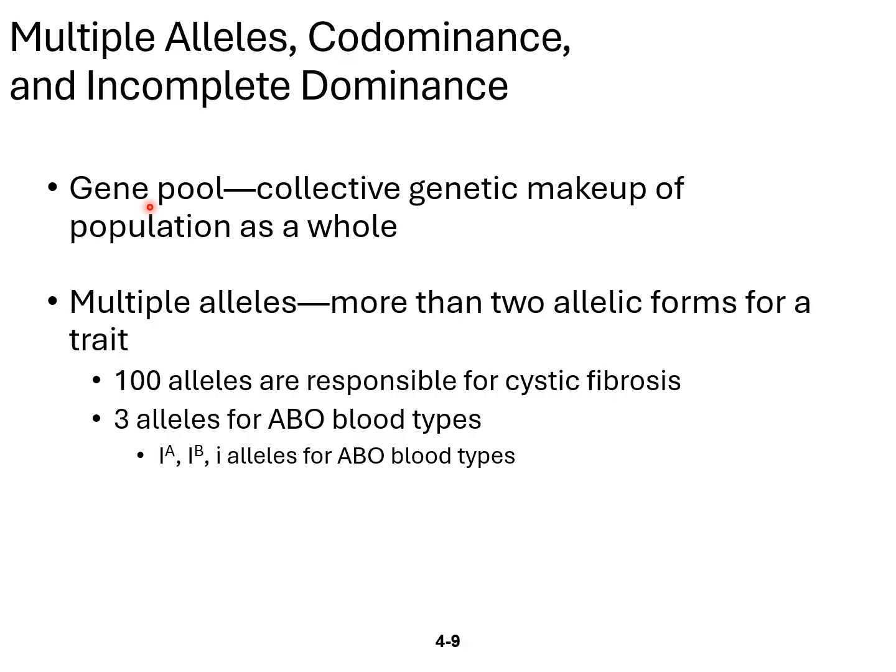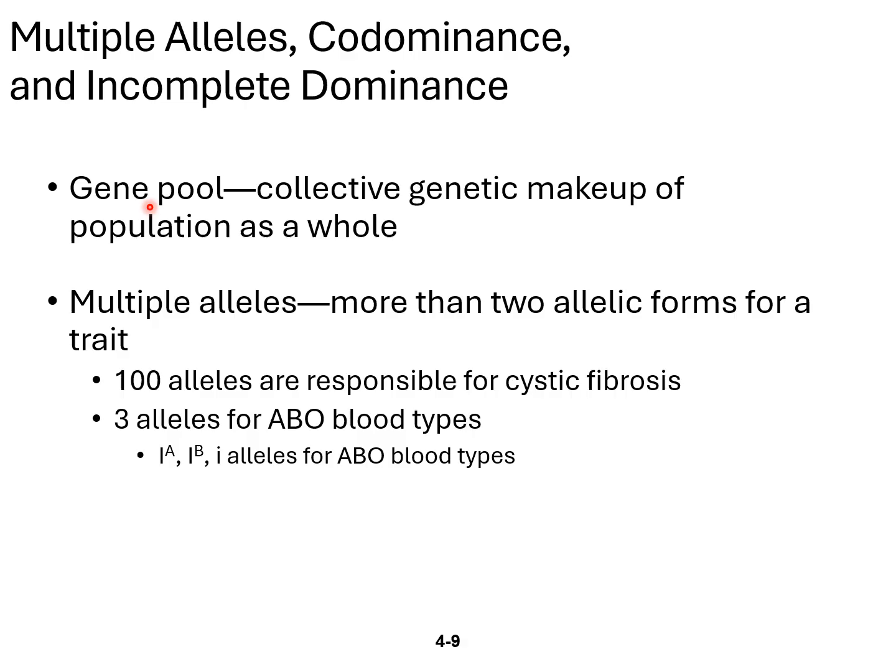So if you are going to have children, you're going to look at the gene pool. That's not what happens, but you look at what are the observable traits for you. And the gene pool is everything that offspring could have.